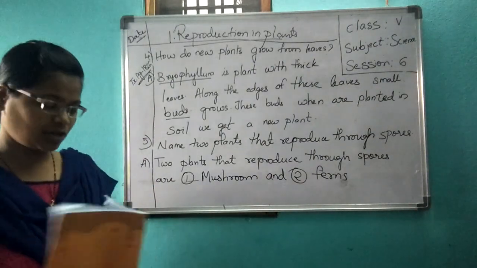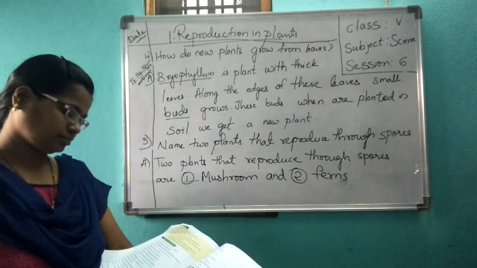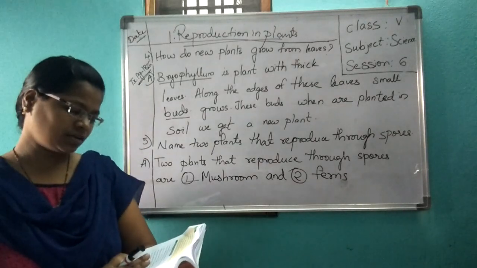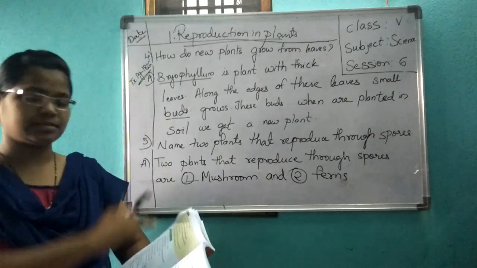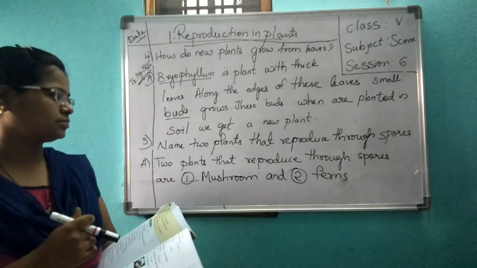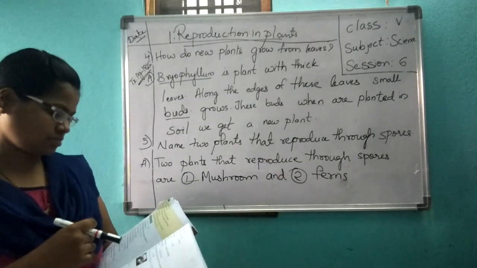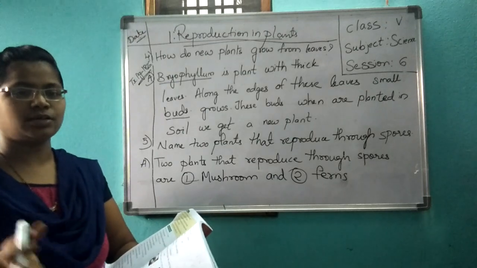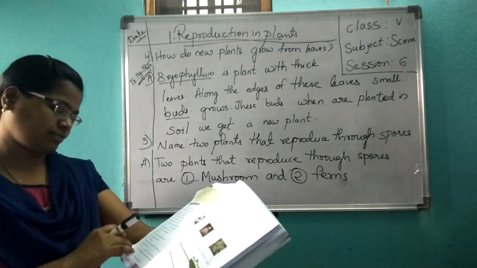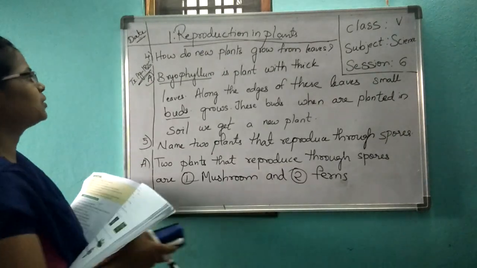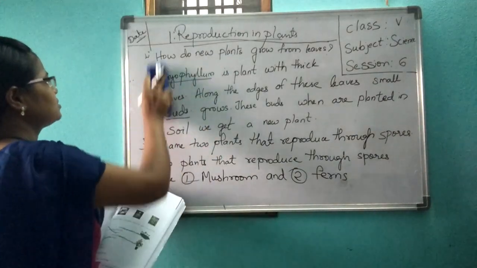Okay, now we will go for the long questions. First bit. Answer the following in 5 or 6 sentences. You write only the answers. Later you can copy the questions. Now going to the long questions.